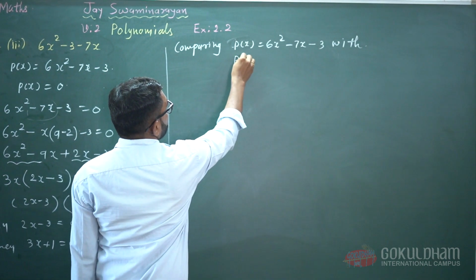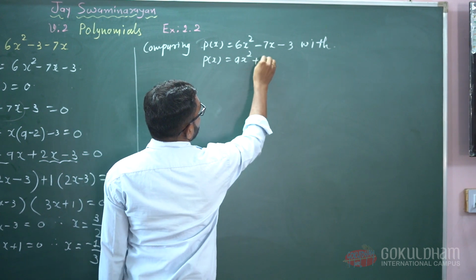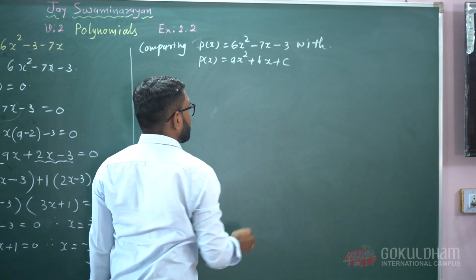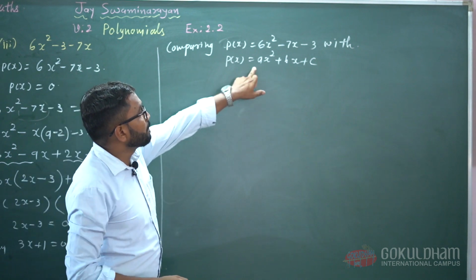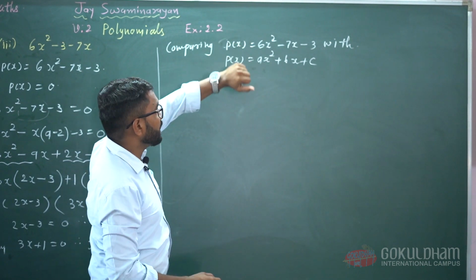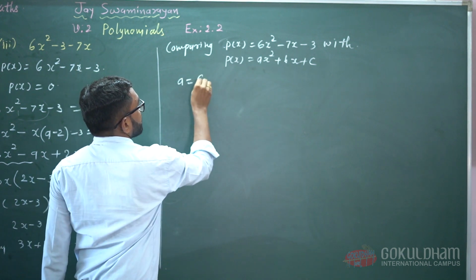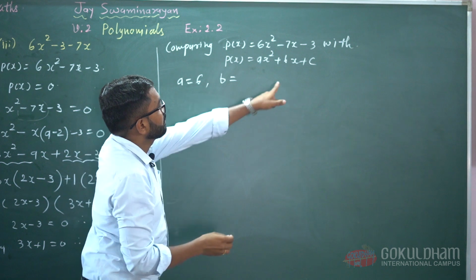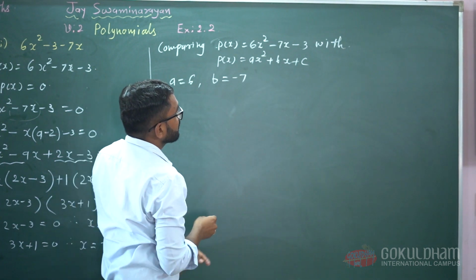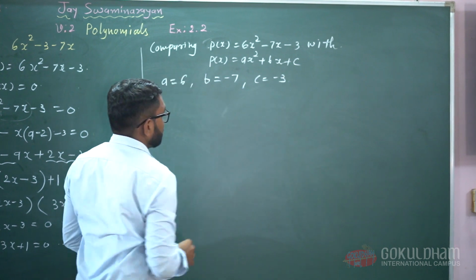The general equation is p of x equal to ax square plus bx plus c. So comparing this general equation with our equation, we get the values of the coefficients: a equal to 6, b equal to minus 7 and c equal to minus 3.